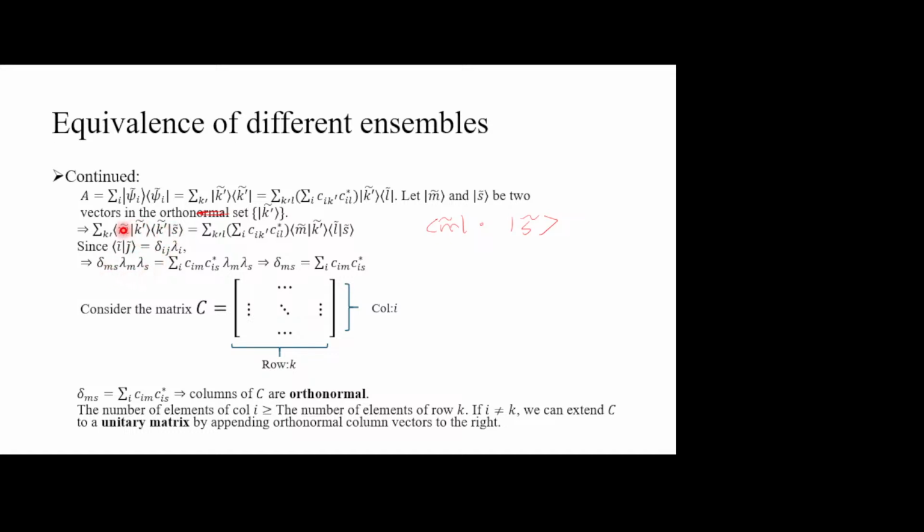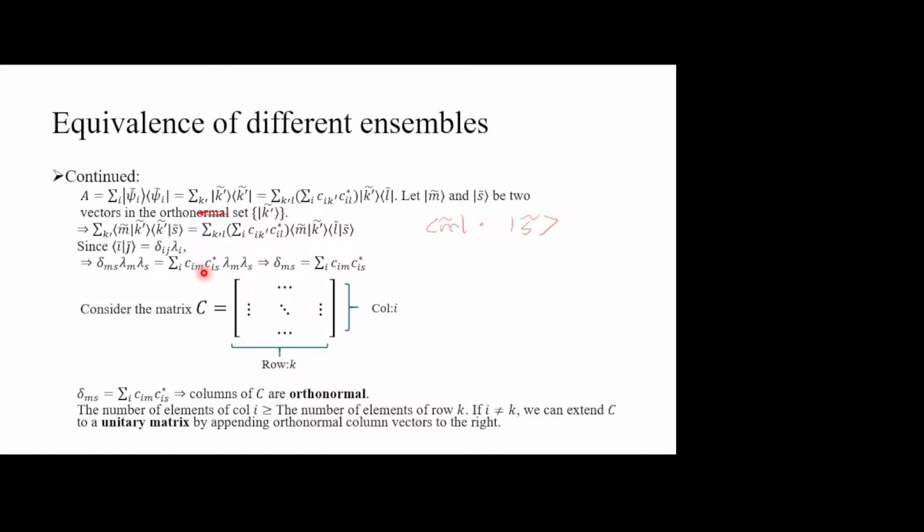So you have delta ns, and you have two lambdas here that will give you lambda n, lambda s. And similarly on this side you have this summation over i, c_i is delta nk prime, and you have delta nk prime here, and with this summation over k, just turn k prime equal to m.